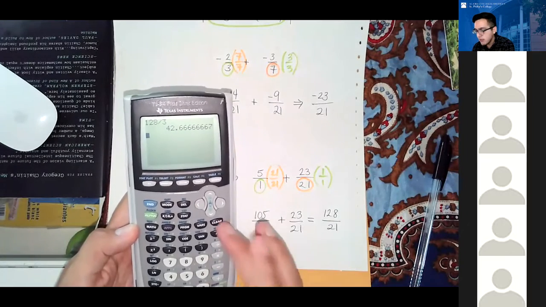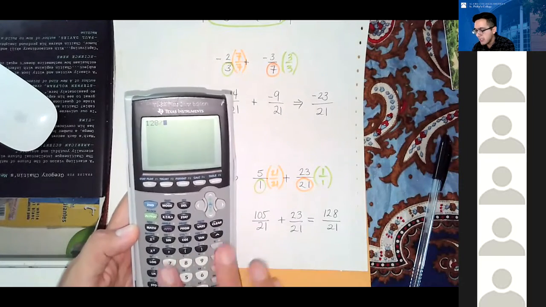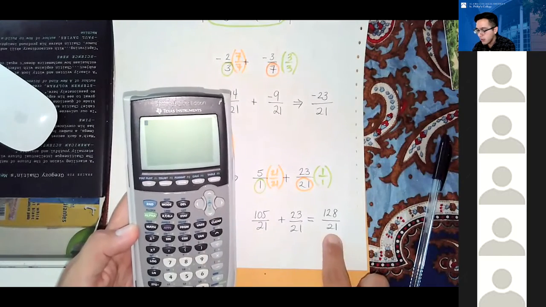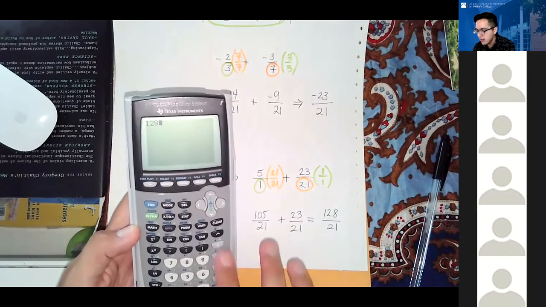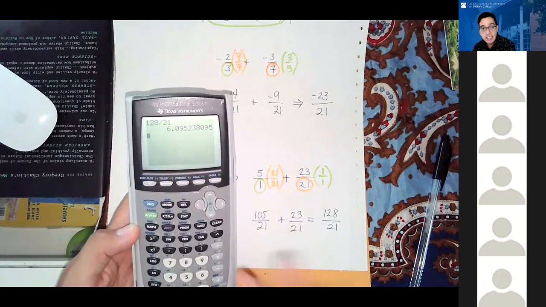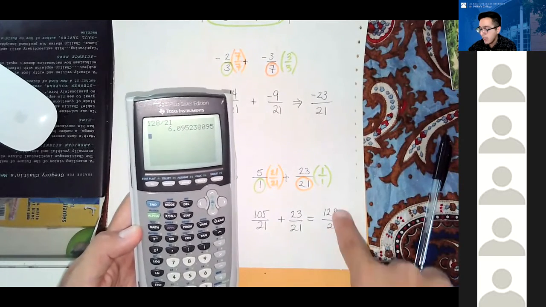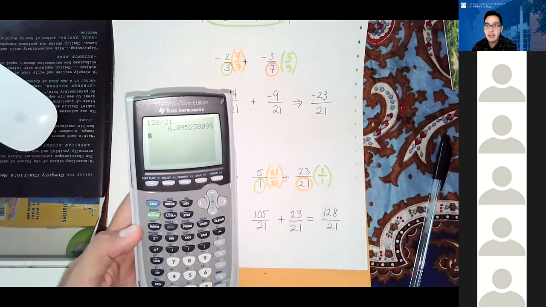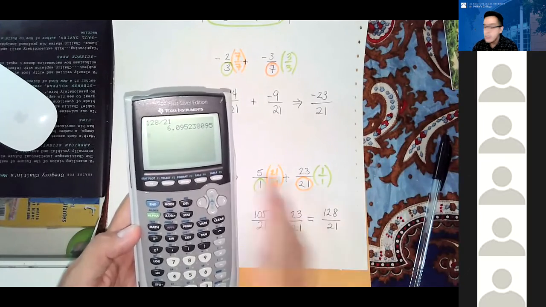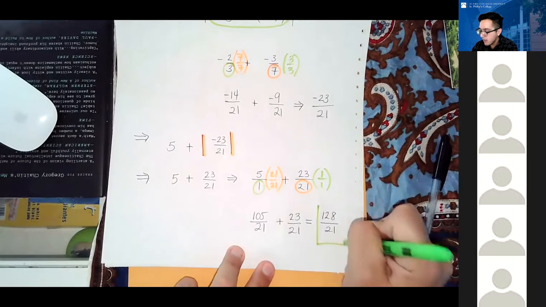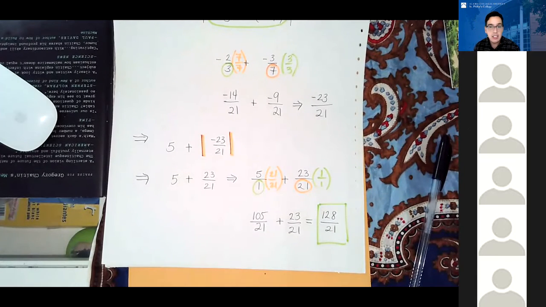Didn't get a whole number. 128 divided by 7. That didn't work either. You could try 21, but if 7 and 3 didn't work, then 21 shouldn't work. And it doesn't. So since the factors of 21 don't divide into this number, that means that there are no common factors. So we can say that this fraction is completely simplified. We have simplified our expression entirely.